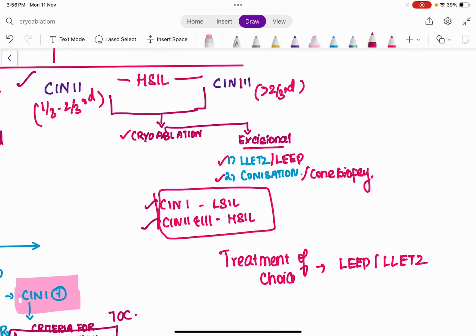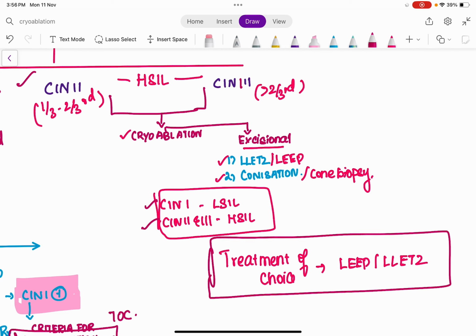But for CIN2 and 3, whenever someone asks you the treatment of choice, it is LEEP or LLETZ, loop electrosurgical excisional procedure. This is the treatment of choice for CIN2 and 3. But you can also perform cryoablation in this patient if the criteria for cryoablation are fulfilled.